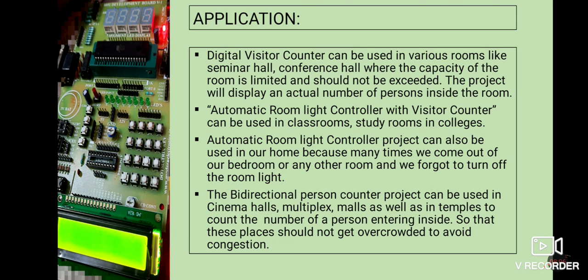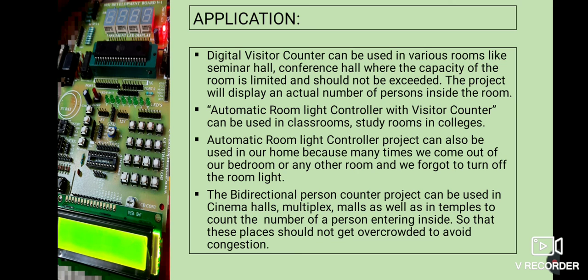Let us see the applications. The digital visitors counter is very useful in rooms like seminar halls and conference halls, where the capacity of the room is limited. Second, the automatic room light controller with visitor counter can be used in classrooms and study rooms in colleges.